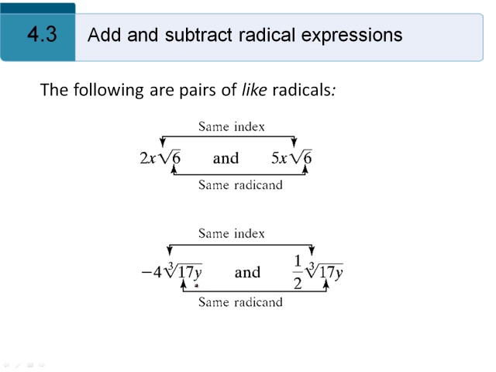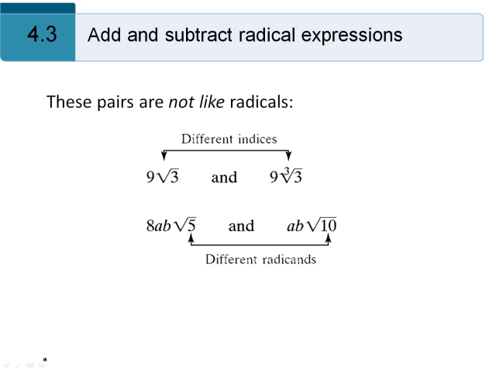Now, down here we have negative 4 times the cube root of 17y, and 1/2 times the cube root of 17y. So the radicals are the same. Now the coefficients out front are very different. You've got a negative and a fraction, but they're still like radicals because the radical part is the same. So it'd be like if you had negative 4x and 1/2 x. They're like terms. They're not exactly nice like terms, but they're like terms. Okay?